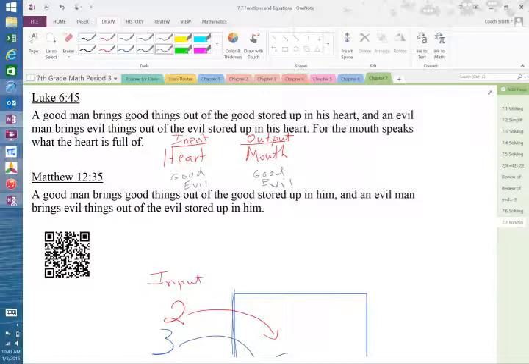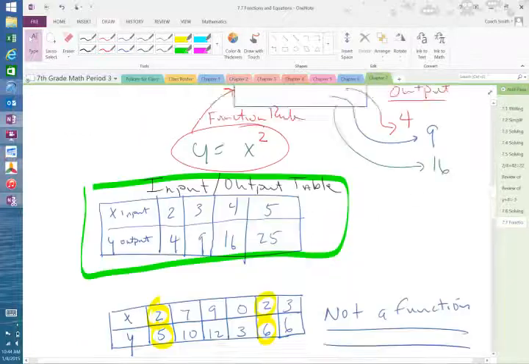Just like our function rule is, you can't get one input in and get a different output. Okay, if you sow into your mind people cussing all the time, you're not going to get out a different output. Eventually it's going to come out that way. Okay, so make sure what you're inputting into your life, and in our mathematics, is coming out with the same output.